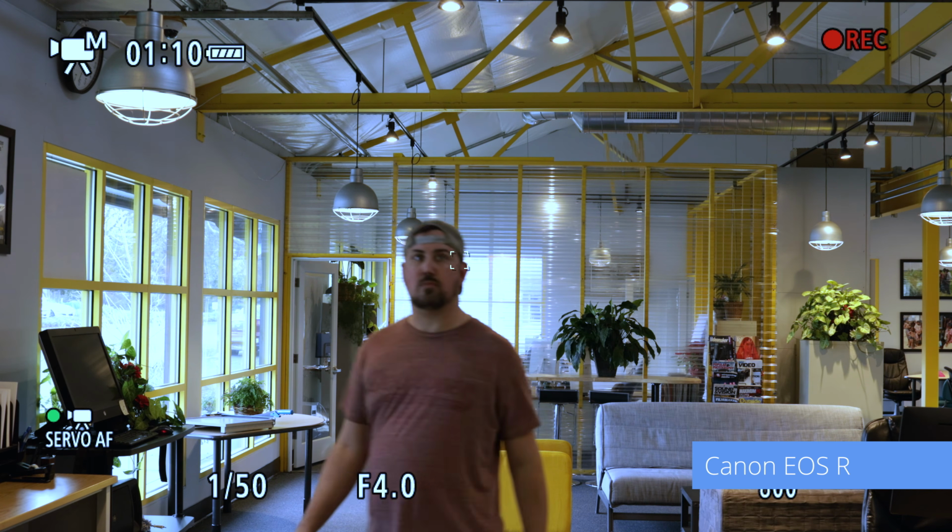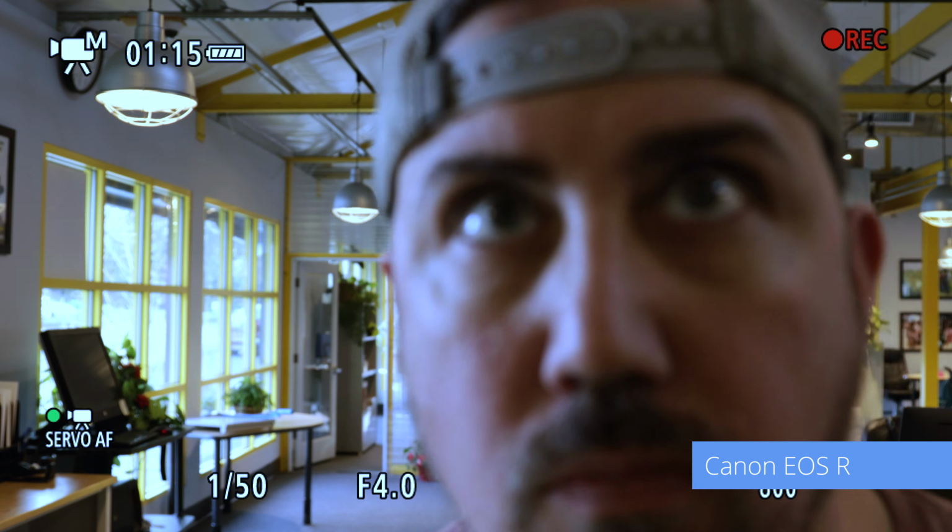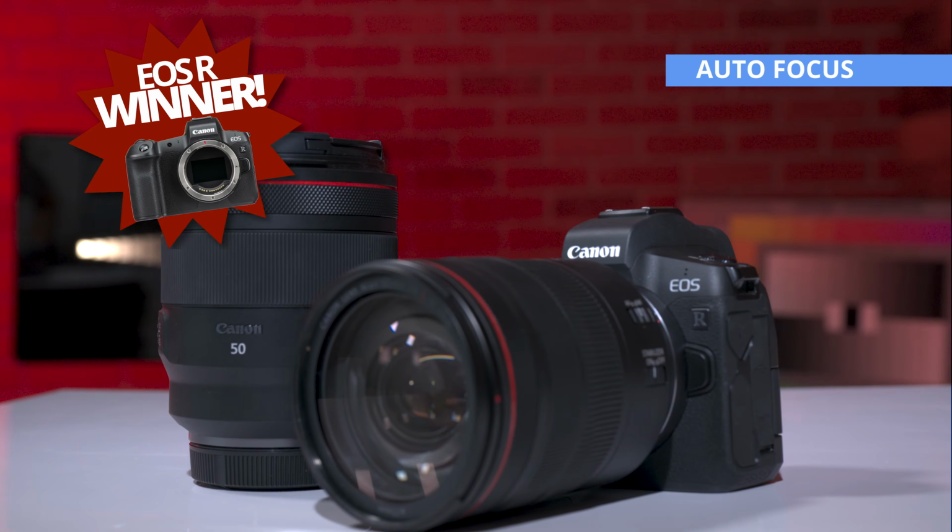Neither focused perfectly, but the EOS R did a better job tracking the subject and from further away. Additionally, the 5D Mark IV does not have eye tracking. Winner is the EOS R.